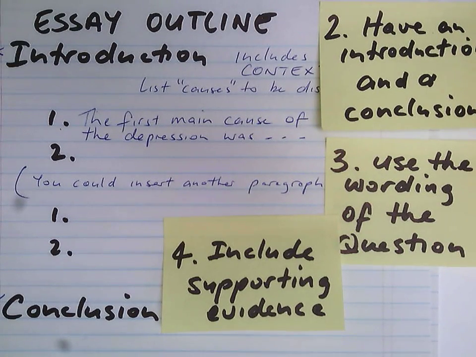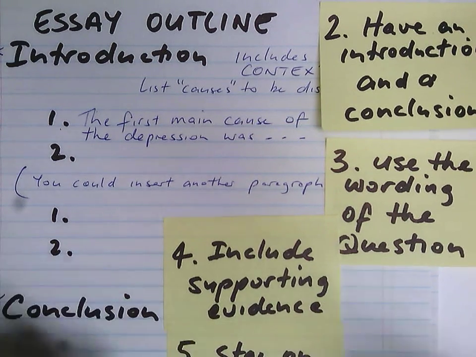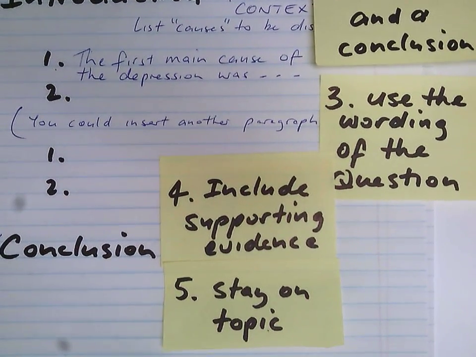The last tip that I have at this stage is, in everything you write, stay on topic. When your history teacher says to you, answer the bloody question, he or she is also saying, don't answer other questions. Stick to the topic, stick to what you're being asked to write on.